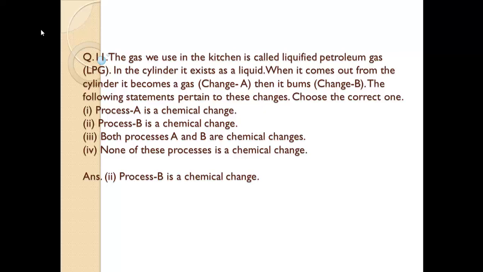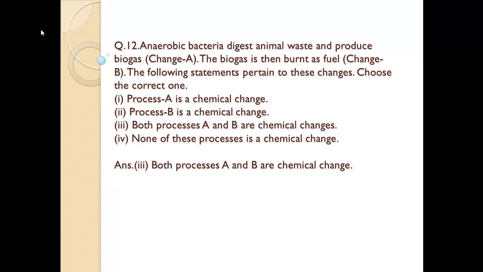Here is the last question. Anaerobic bacteria digest animal waste and produce biogas, which is called change A. The biogas is then burned as fuel, change B. The following statements pertain to these changes. Choose the correct one. Process A is a chemical change. That is correct. Decomposition of animal waste to produce biogas is a chemical change because new products are formed.